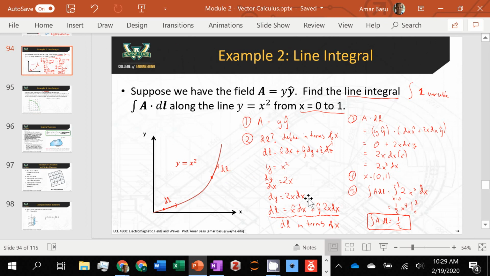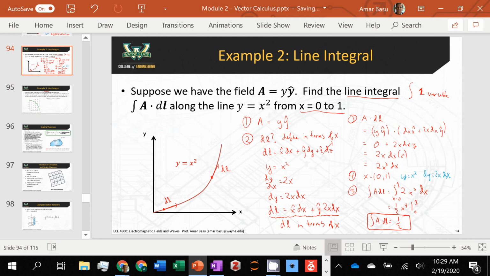When we had our range of integration, we said x is going from 0 to 1, but we also said y is equal to x squared, and dy equals 2x dx.